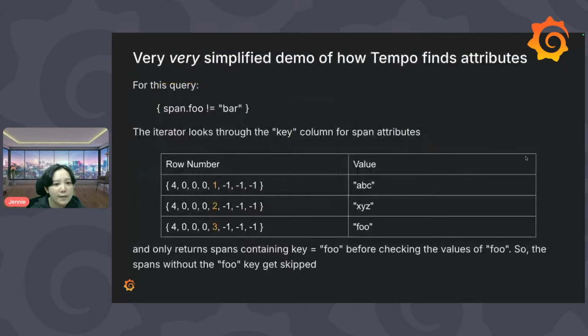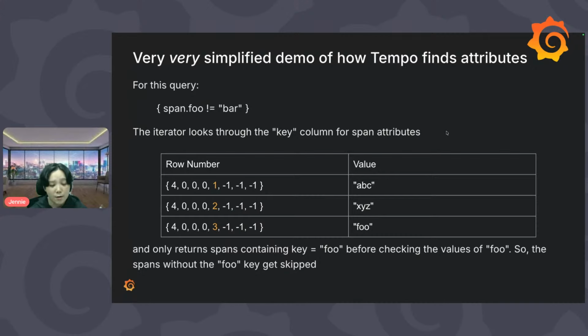And here's a very simplified demonstration of how Tempo finds attributes. Here we have this query, span.foo is not equal to bar. We have an iterator that looks through the span attribute key column to find foo. So we go through each row: the key for the first attribute of this span is ABC, the next one is XYZ, and then we finally get to the third one, which is foo, which matches the first portion of our query.